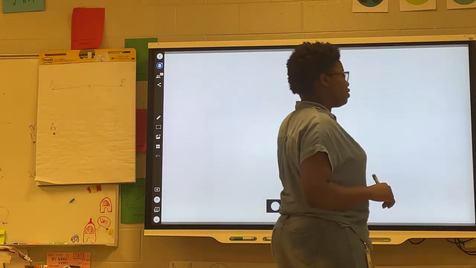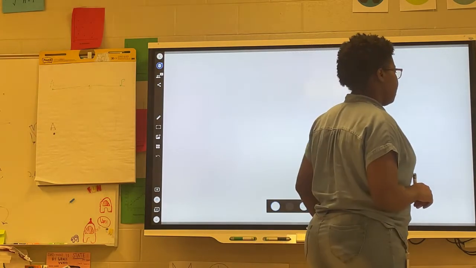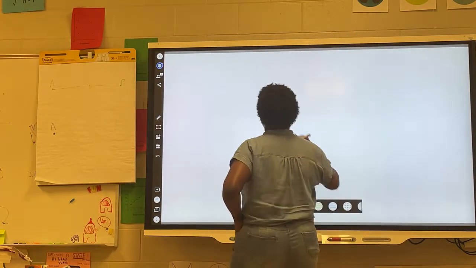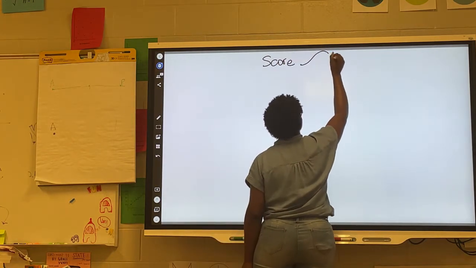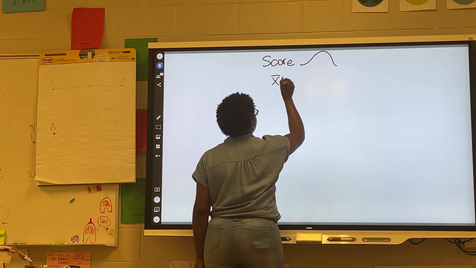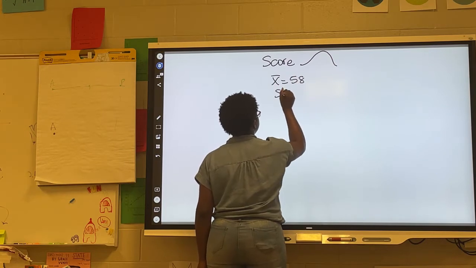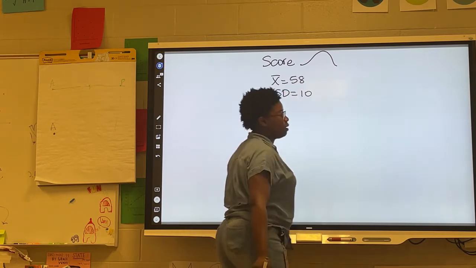So the question says a score in an exam was normally distributed with a mean of 58 and a standard deviation of 10.